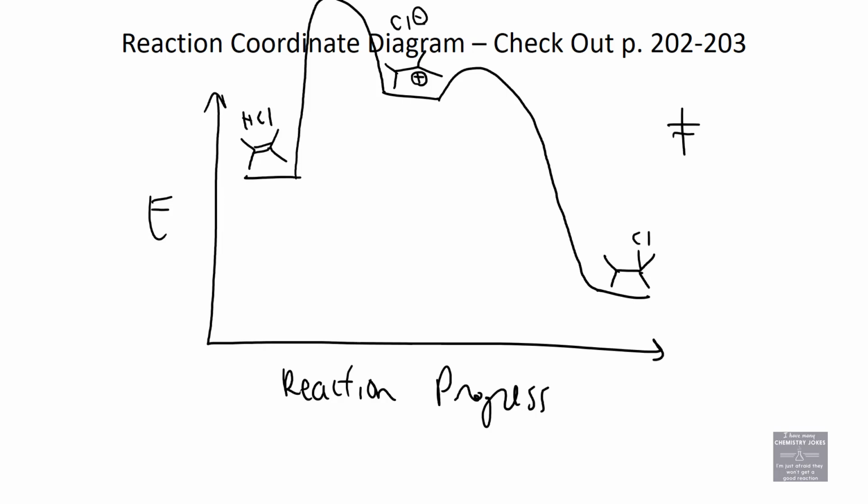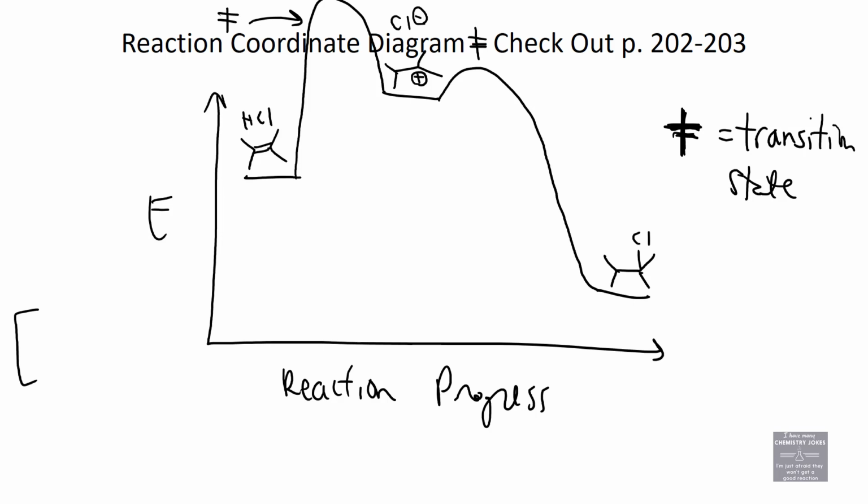At the top of each hump is called a transition state. That double dagger thing right here means transition state. So there's a transition state up here, and one up there that I just have no real estate above to write one. The transition state is the actual process of making and breaking bonds.